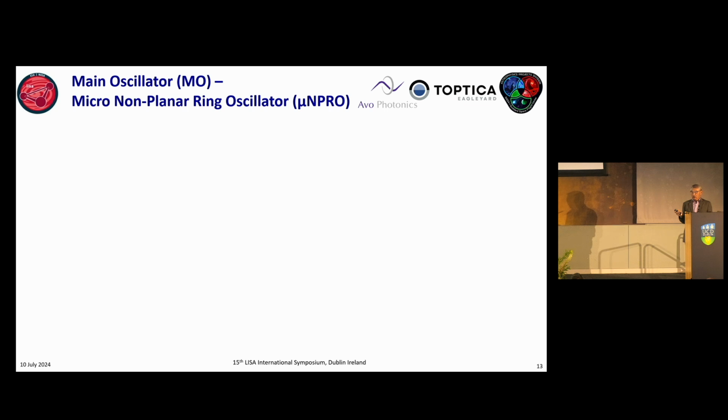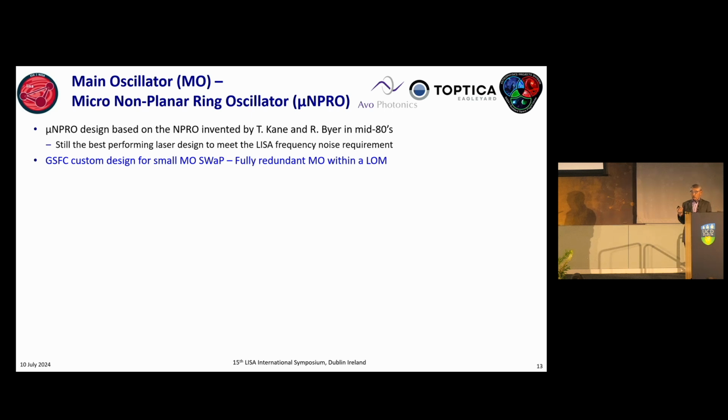One of the technology developments that we have at Goddard is looking at the main oscillator. What we call the micro non-planar ring oscillator, the NPRO design that was invented by Tom Kane. He actually is in the audience. We have been consulting with him, and we decided to take on this role to reduce the size, weight, and power of a normal NPRO laser into what we call the micro NPRO.